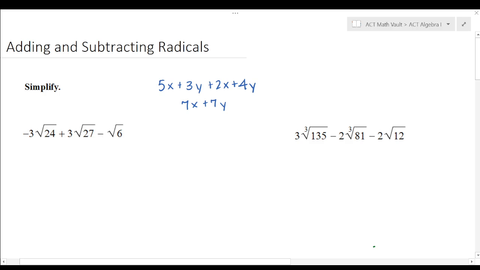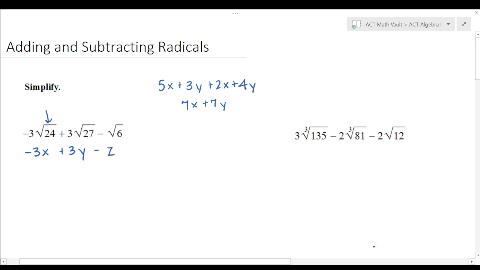I want you to think of this radical as basically like a variable. It's not a variable, but I want you to think about it no differently than this. So the way that I kind of see this before I start is like this would be negative 3x plus 3y minus, say, z.